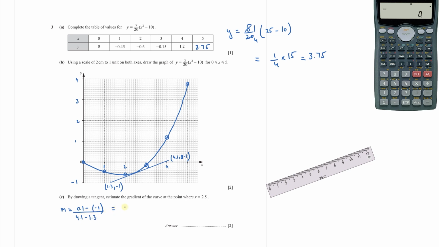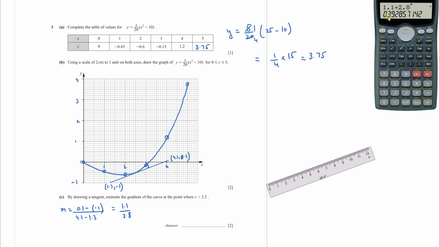So this will become plus. So 1.1 divided by 4.1 minus 1.3, 2.8. So 1.1 divided by 2.8 will give you 0.3928.